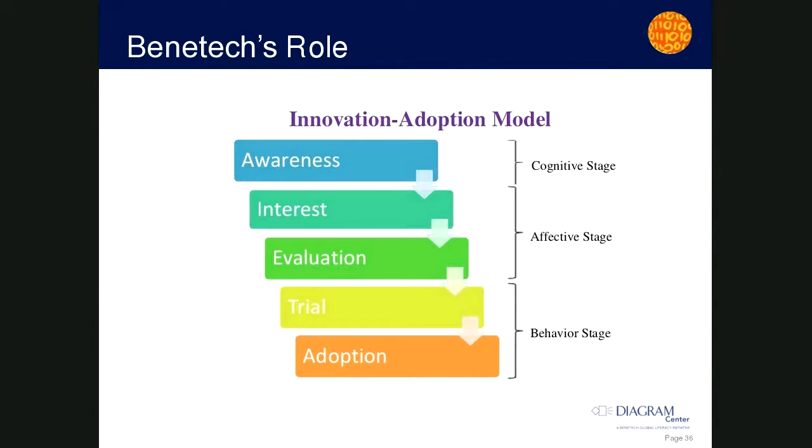And then the next slide is really talking about what Benetech and the Diagram Center are trying to do with all of this newly emerging technology. Five years ago, we started with NCAM and various partners to start building awareness around accessibility, to get people interested, to review and assess the importance of accessibility, and to get attached to making things accessible.